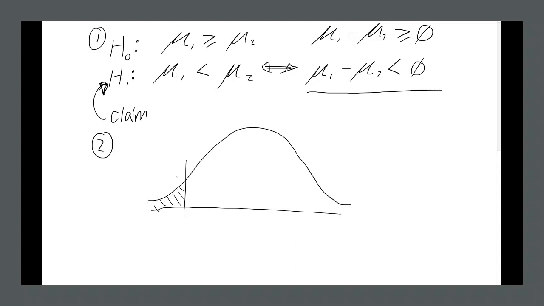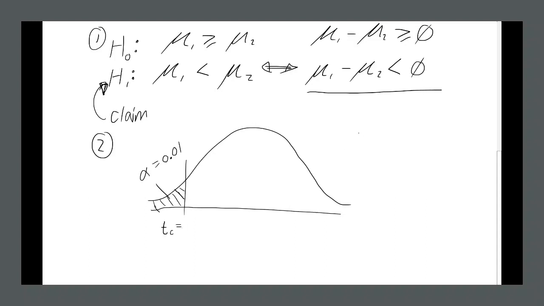So we have a one-tailed test, and it's going to be a negative tail because we need a sufficiently small test statistic to reject our null hypothesis. So our entire alpha, 0.01, is going to be in that tail right there. And we want to find our critical value.